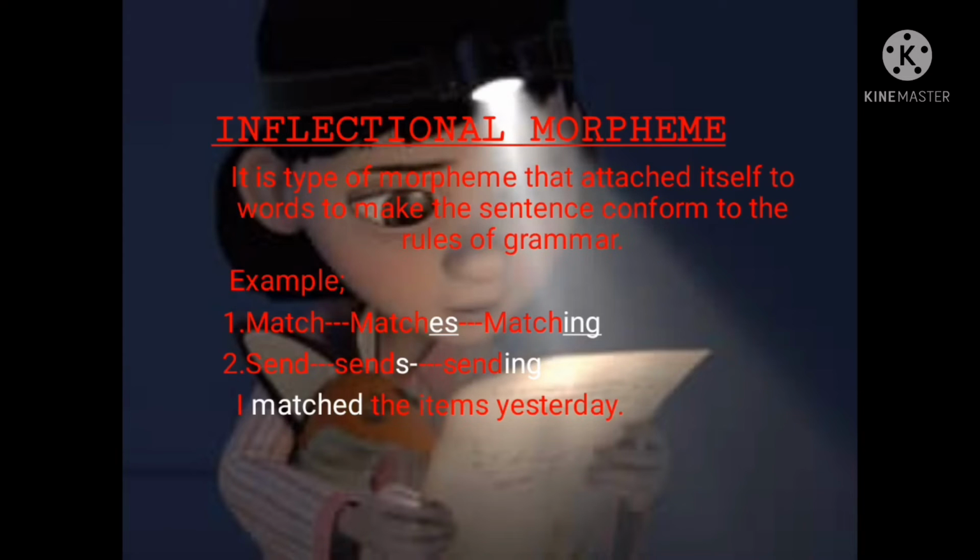So the ing attached to it makes it an inflectional morpheme. Let's look at the second example. Send. We can add s to it to become sends. Then we add our ing to become sending.